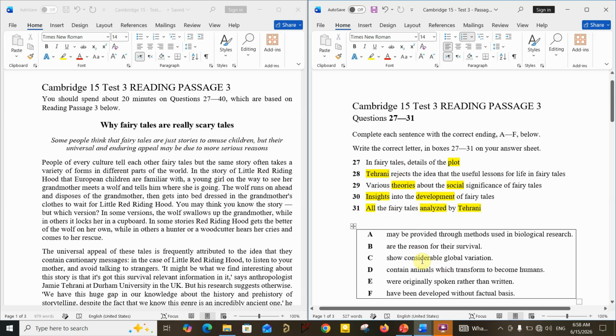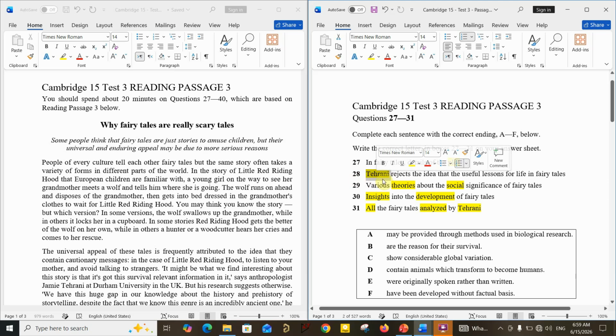You have to complete these questions with this one, but first you have to find and locate where the answer is in the passage. Plot. For plot, this could be difficult to find because sometimes they paraphrase it, but 28 is pretty straightforward and easy to find. Tehrani.